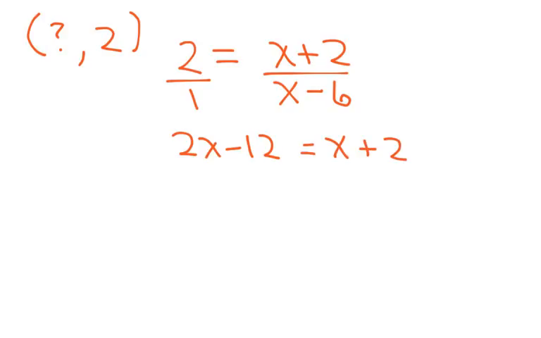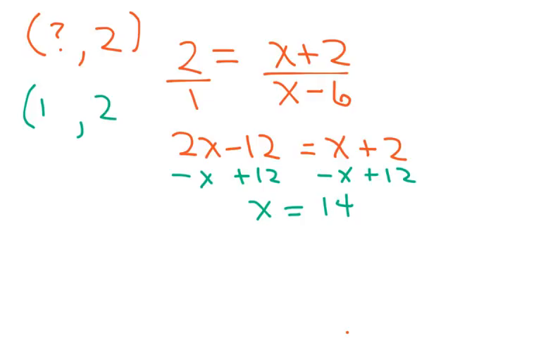I'm going to solve: subtract the x from both sides and add the 12, all together. So basically I get x equals 14. So when y is 2, x was 14. And basically, those would have canceled and those would have canceled.